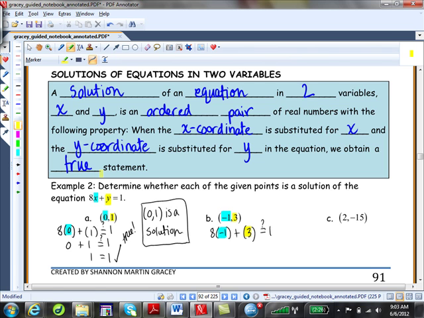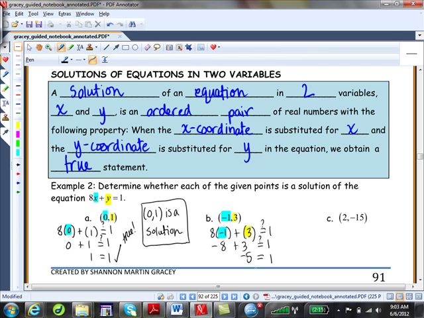So again, we're using that same line, but now we're plugging in negative 1 for x and 3 for y. So we get negative 8 plus 3. Is that equal to 1? Negative 5. Is that equal to 1?